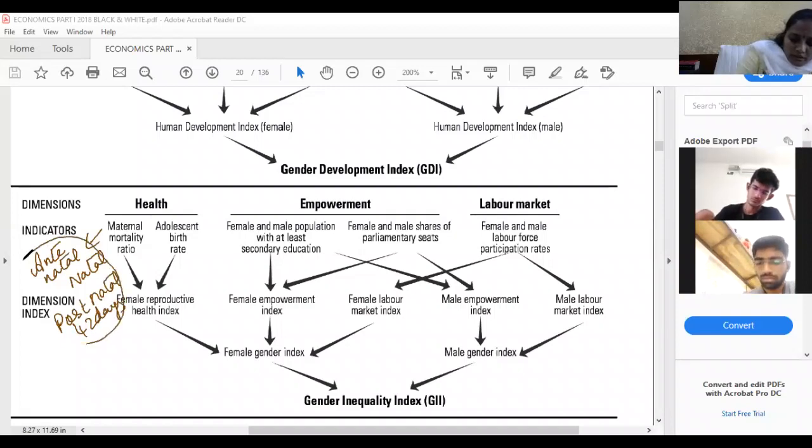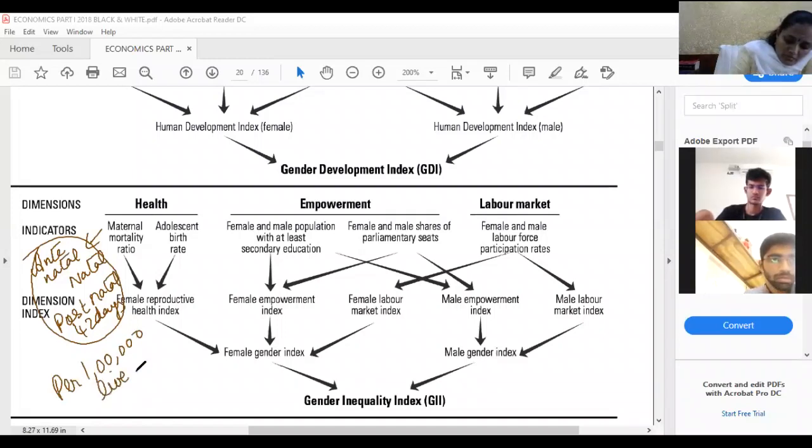In this period, at any point of time, if the woman dies in the process of reproduction, that will be counted as maternal mortality. And this is represented per 1 lakh live births. Maternal mortality ratio, MMR, is always represented per 1 lakh.